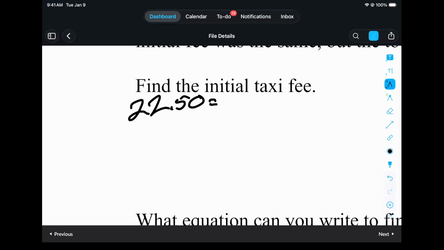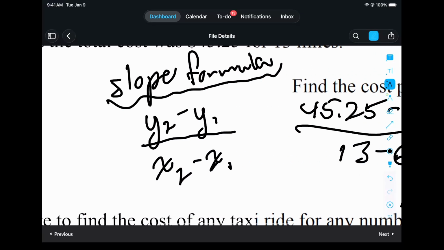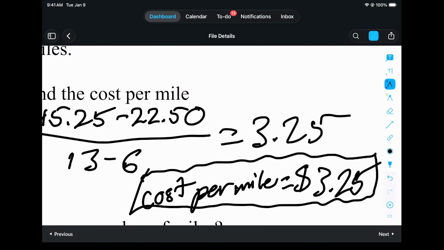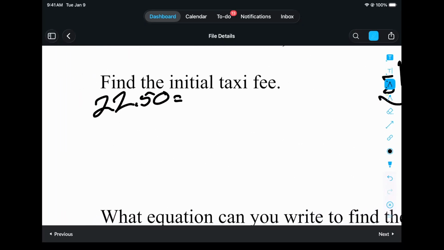22.50 equals, we need our slope, which is $3.25. So 22.50 is our y, we need our slope, which is 3.25, we need our x, which is going to be 6 in this case, plus b, because we don't know that. That's what we're trying to find.